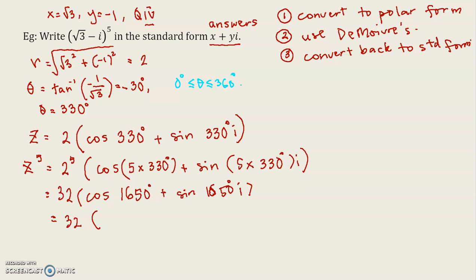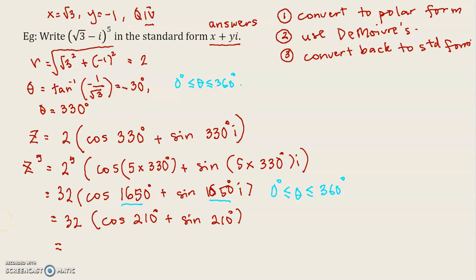Then put the angle in the 0-360 range. So 1650 minus 720 is 210. So the complex number is 32 times cos 210 plus sine 210i. What I'm doing is putting this in the range 0-360. Finally, how do we convert back to the standard form?